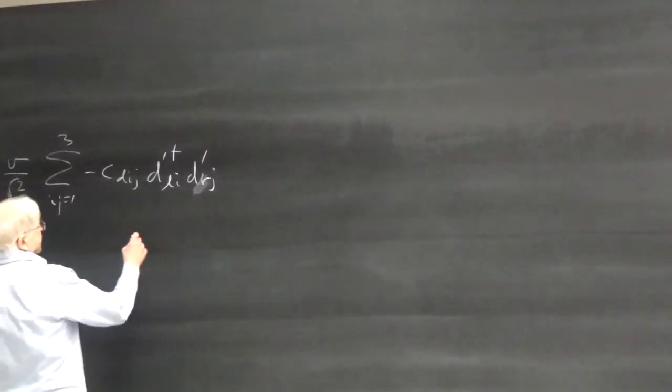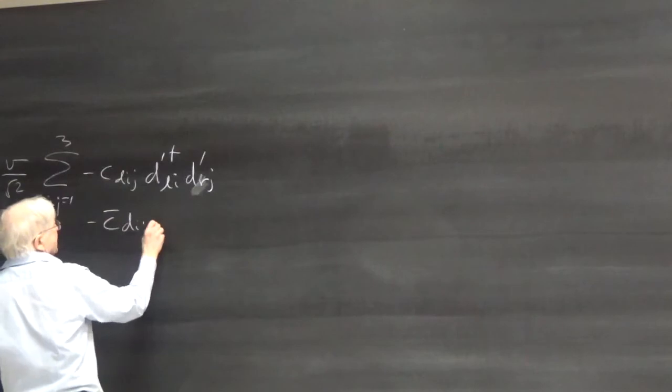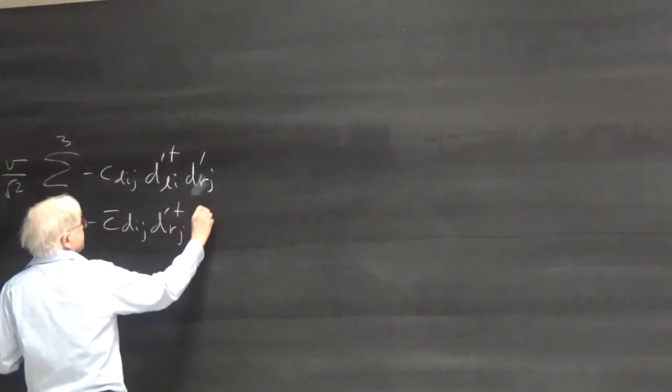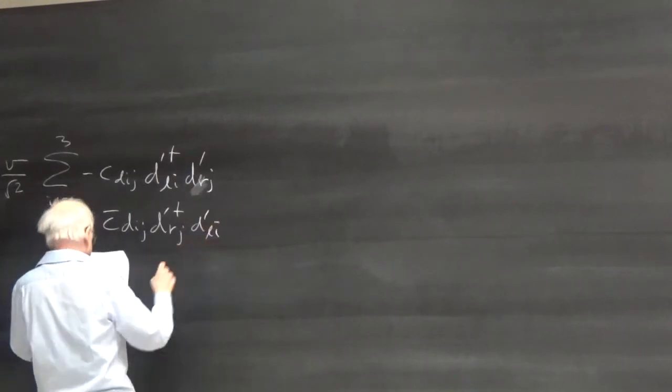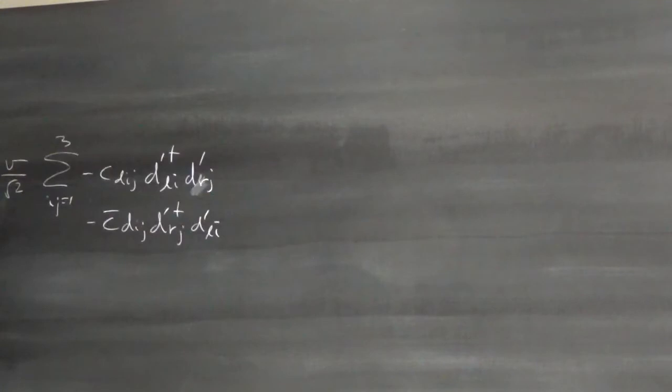Remember there was a right there. And then the complex conjugate of that is minus C bar D ij, D prime right j dagger, D prime left i. Okay, the notes got straightened out at that point.